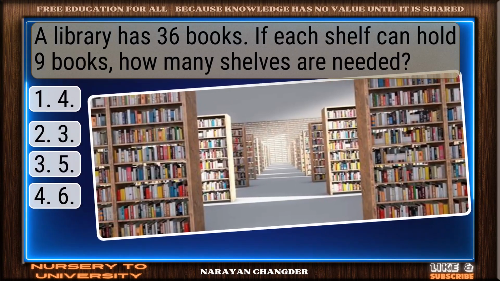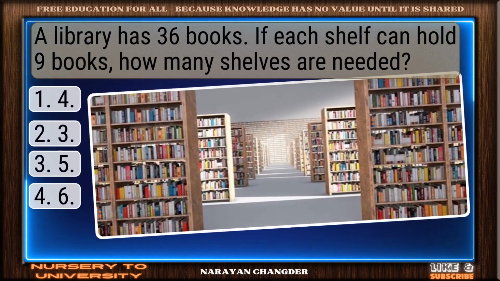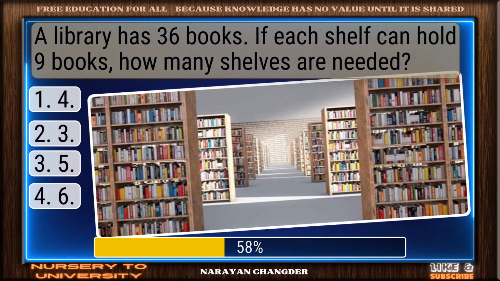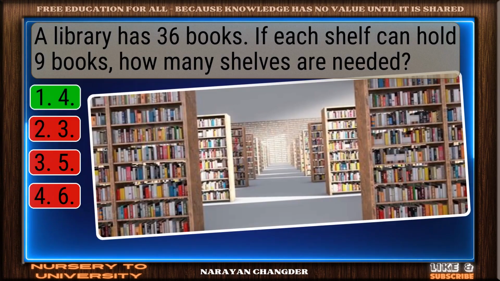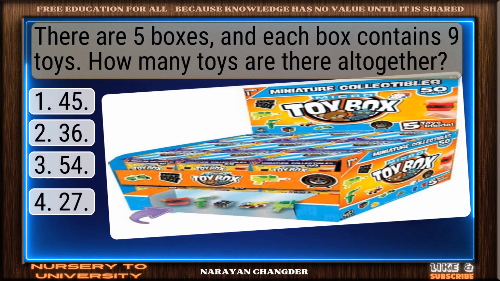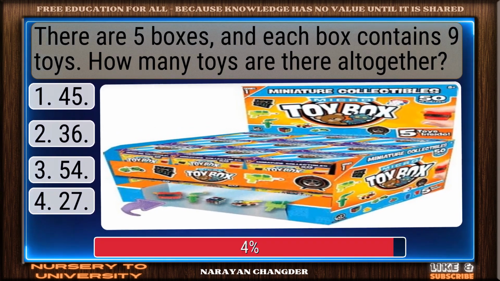A library has 36 books. If each shelf can hold 9 books, how many shelves are needed? Great job. 4 is the accurate answer. There are 5 boxes, and each box contains 9 toys. How many toys are there altogether?